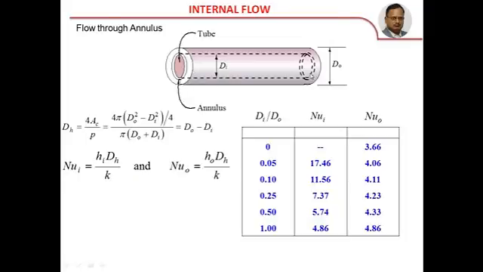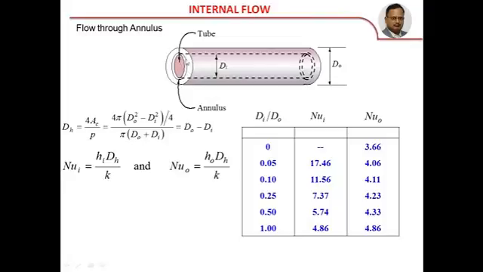Another important application in the internal flow is flow through an annulus. Suppose you have two pipes, one inner pipe and one outer pipe, and the fluid flows through this annulus. In that case also you have to consider the hydraulic mean diameter to calculate the Reynolds number and the Nusselt number. The hydraulic mean diameter is given by 4 times cross-sectional area by wetted perimeter.